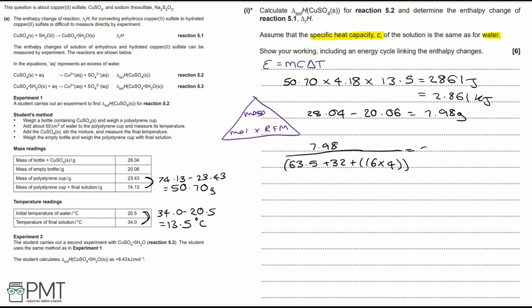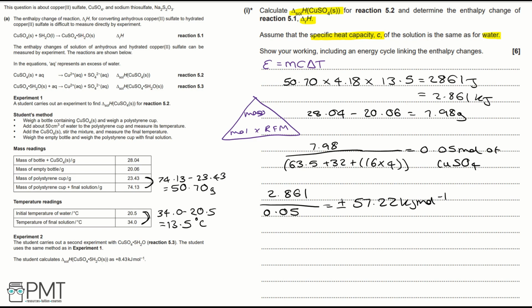That equals 0.05 moles of CuSO4, or copper 2 sulfate. And then we do 2.861 divided by 0.05, and that gets us plus or minus 57.22 kilojoules per mole.